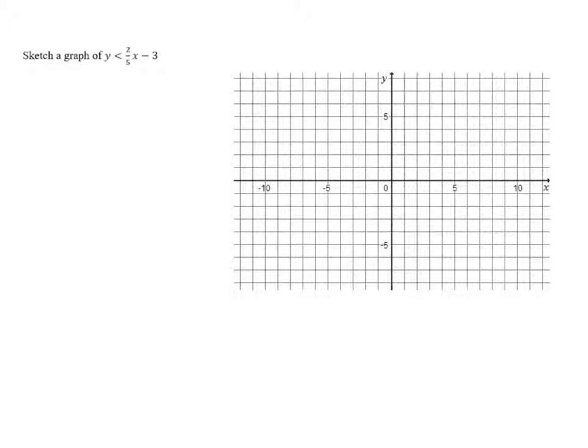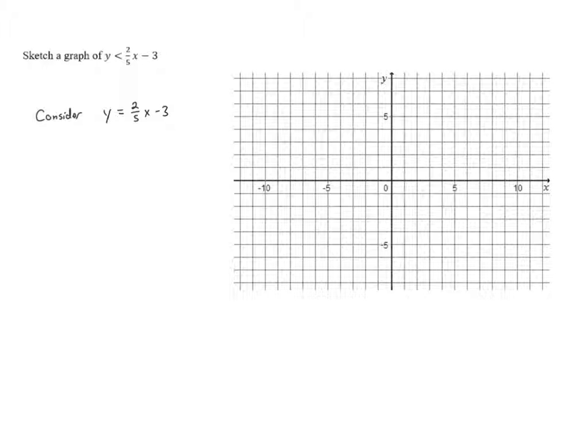Now here we have y is less than 2/5 x minus 3. What I want to do first is consider the equation y is equal to 2/5 x minus 3. Now, if this were an equation instead of an inequality, we would know how to graph this. This is already in slope-intercept form, so we could use the slope and the y-intercept to graph it.